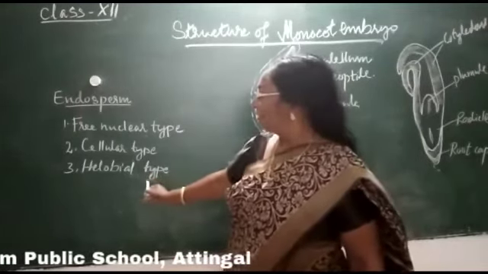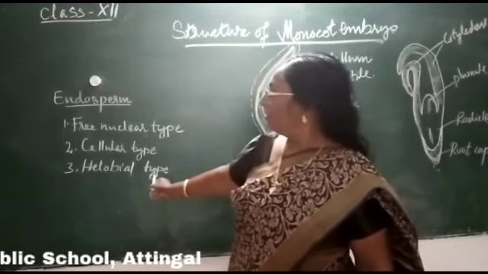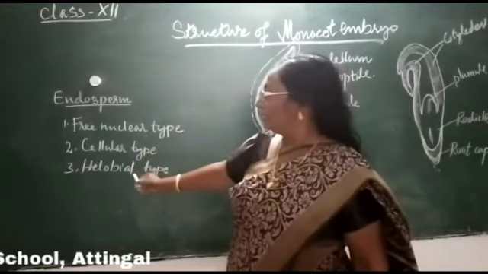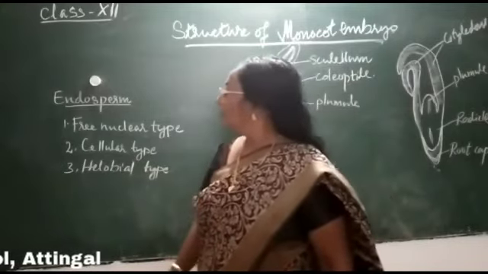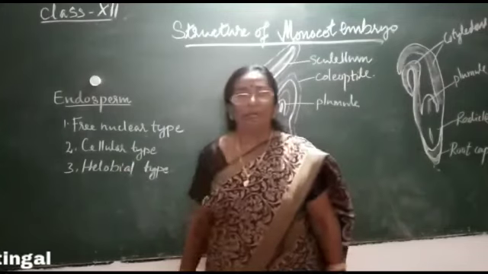And helobial type is an intermediate type of endosperm development between the free nuclear and cellular types. Thus, the three types of endosperm are the free nuclear type, cellular type, and helobial type.